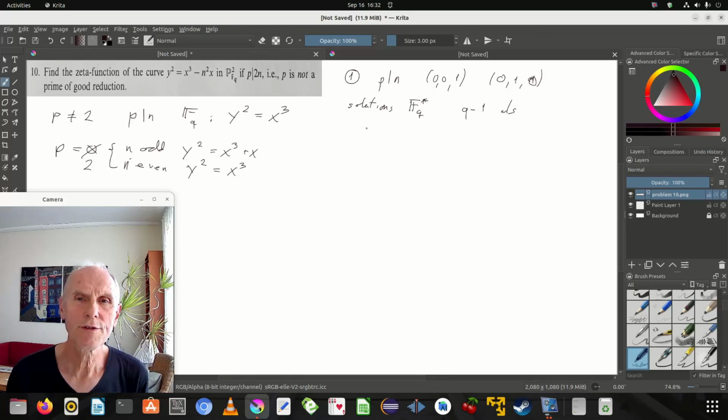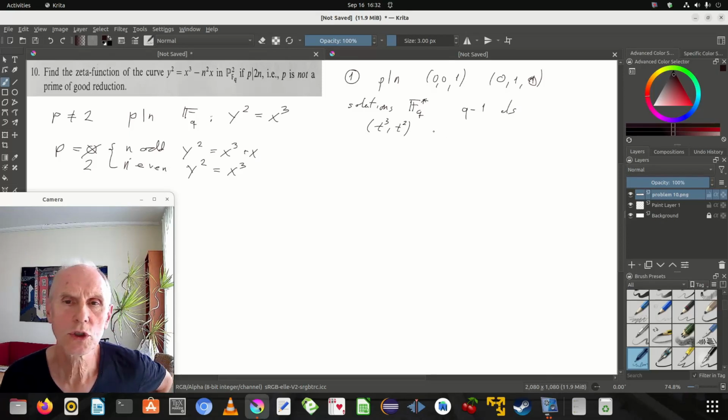Now, thinking here is that, well, is that right? My idea was that t to the third, t squared parameterizes the solutions. But is this true?